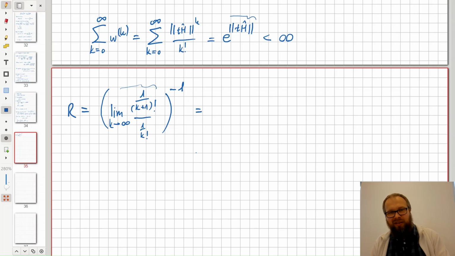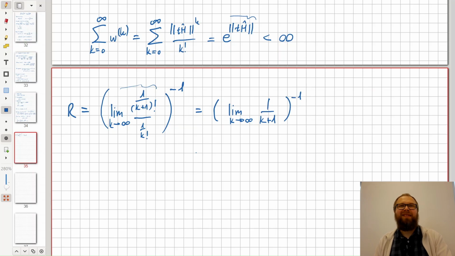And this, of course, is not difficult to compute. As k goes to infinity, what we will get here is 1 over k plus 1, which is easy to calculate, the limit is 0. 1 over 0 is infinity.